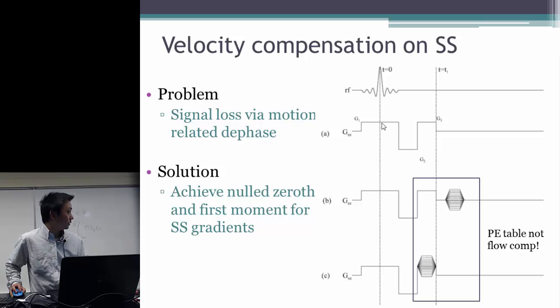A simple bipolar gradient to achieve zero gradient moment nulling. It's the simple way that we usually see for the slice select gradient, the slice select rephase gradient.